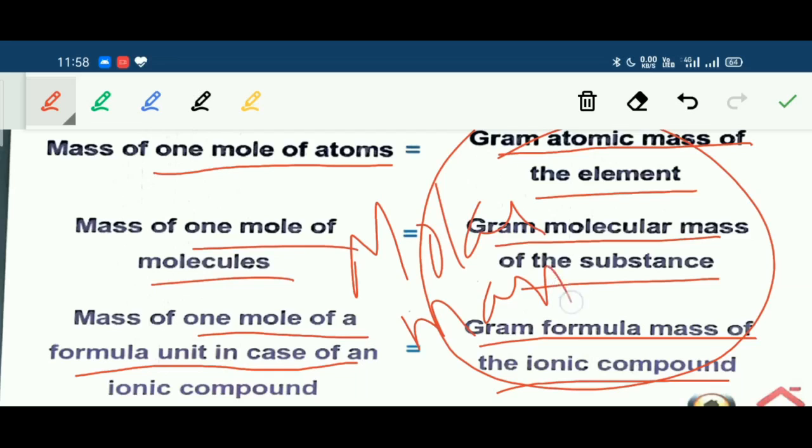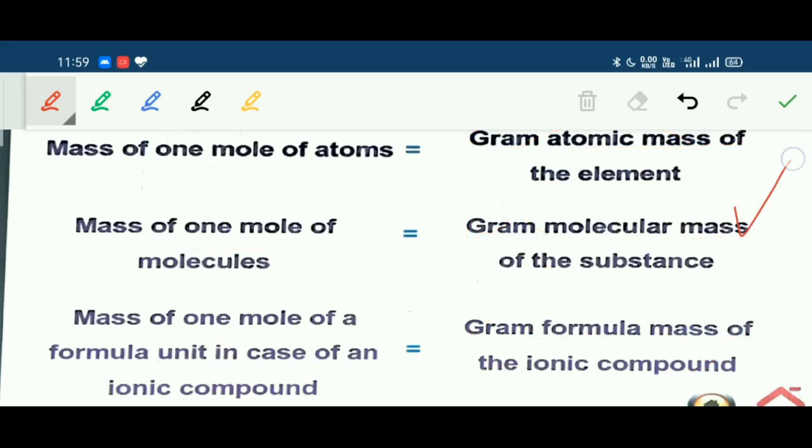Which means in case of atoms, molar mass will be equal to gram atomic mass of the element. In case of molecules, molar mass will be equal to gram molecular mass. And in case of an ionic compound, molar mass will be equal to gram formula mass of the ionic compound.